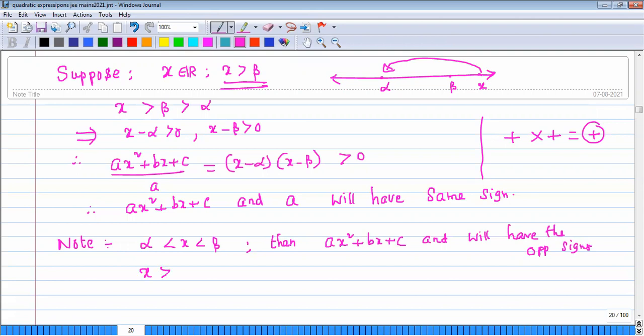Suppose x is less than alpha or x greater than beta, then ax square plus bx plus c and a will have the same sign. So this is the theorem.